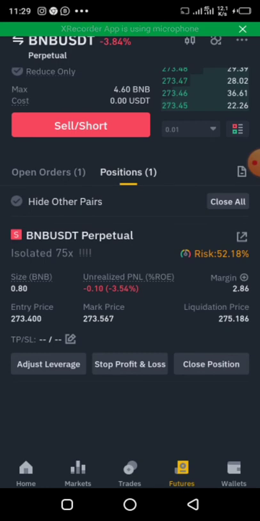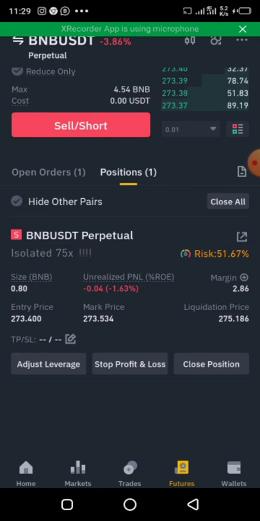This PNL is showing you the amount you are making or losing, and the margin too. Look at the entry price. I entered this market at 273.4, but presently the market is at 273.41. One other thing we should take note of is the liquidation price.